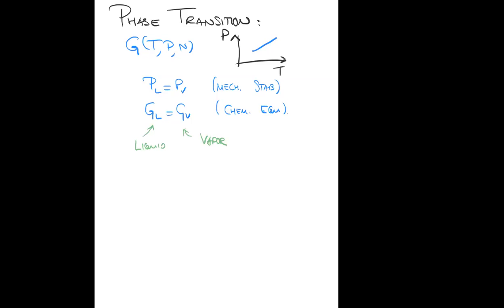So what does that mean if I now try to plot the Gibbs free energy as a function of temperature? I imagine that I'm now looking at this object. The Gibbs free energy is a function of three variables, but it is plotted as a function of one, keeping the other two fixed.